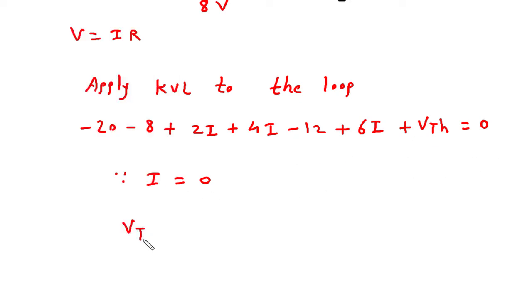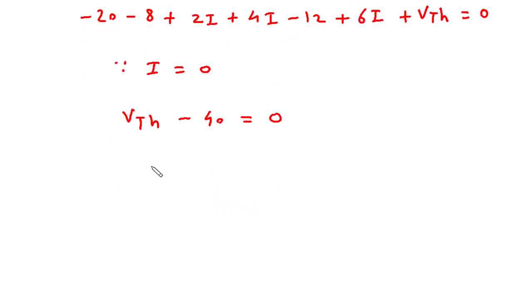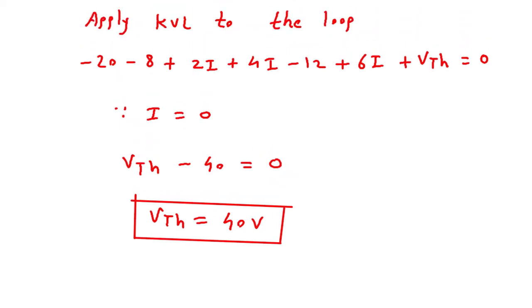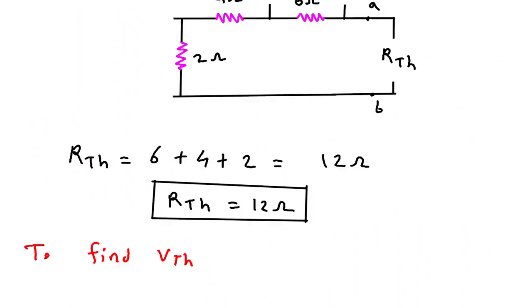So this will be VTh minus 40 is equal to 0. So therefore VTh is equal to 40 volt. Minus 20, minus 8, then minus 12. So this will be 40 volt. Now we have the value of VTh and RTh.